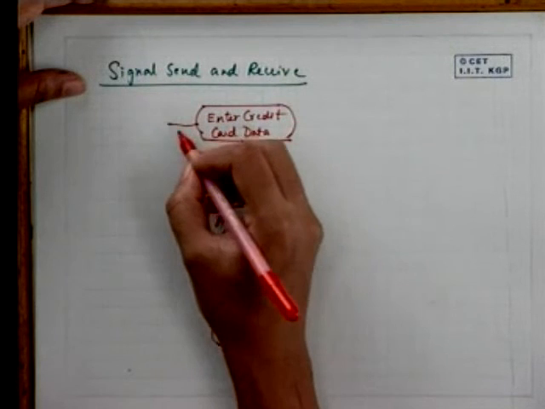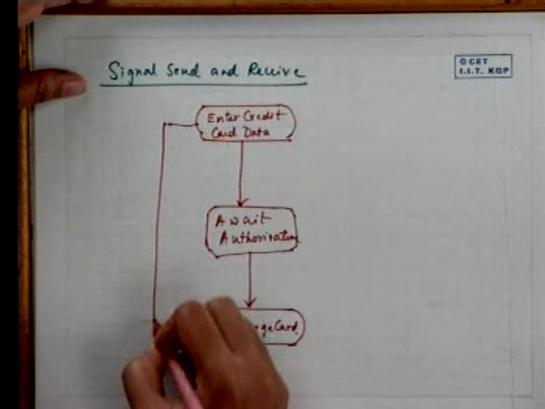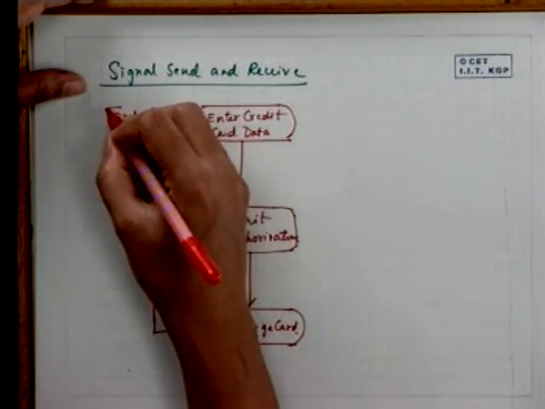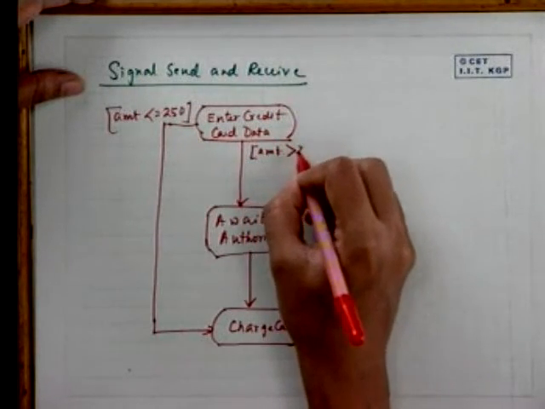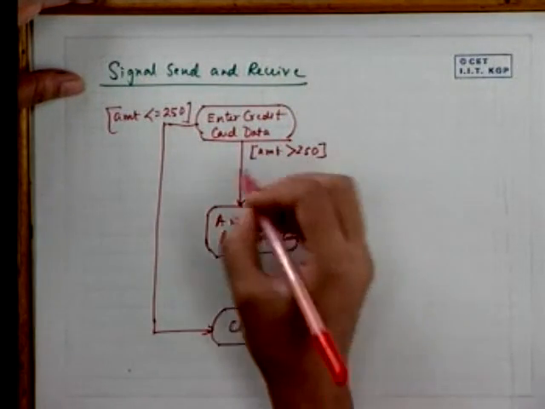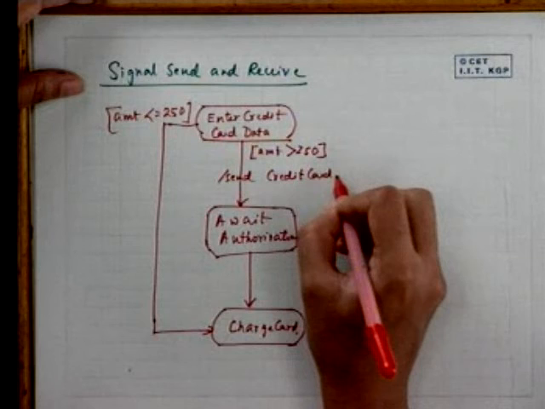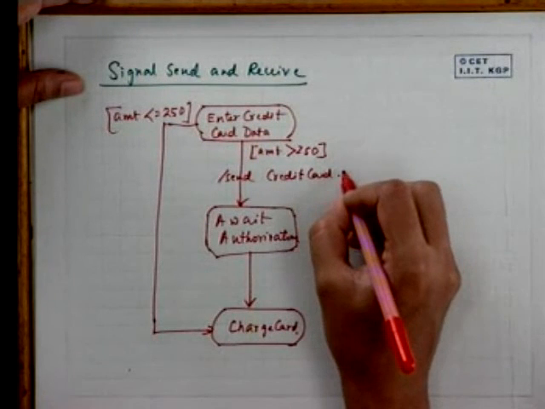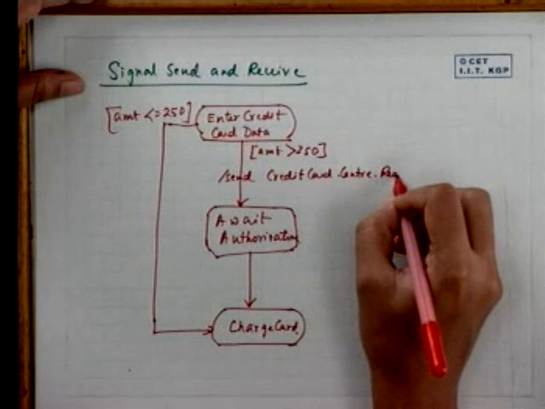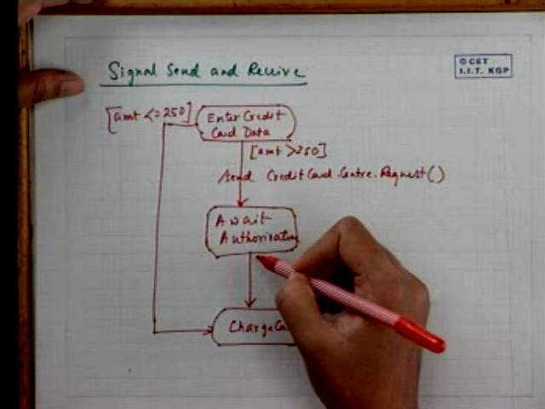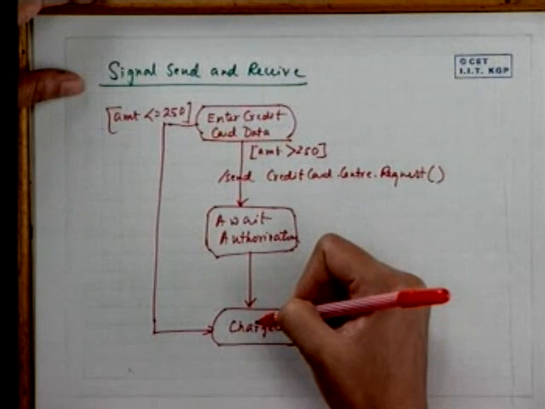So if the amount is less than 250, we come directly here. Directly, when you enter credit card data, you directly charge the card. If the amount is greater than 250, then you send a signal, send credit card center dot request. You send a signal and then await the authorization, and after that you charge the card.